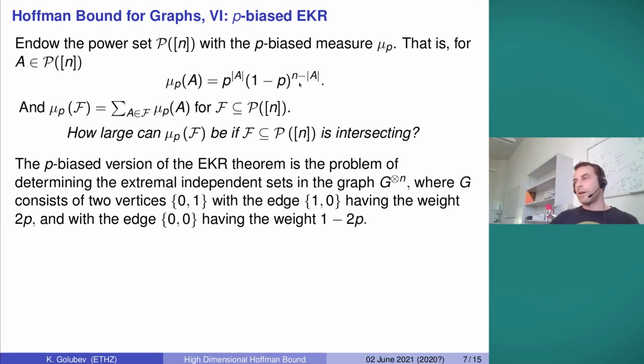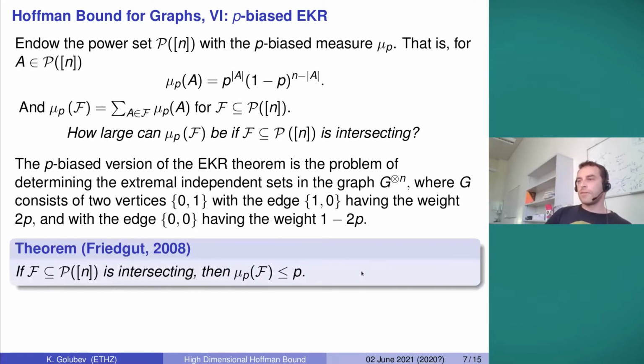In the original graph, you have an edge between 0 and 1 with some weight, and you have a loop from 0 to itself with weight 1 minus 2p. So your two vectors in G to the n would not be connected by an edge if they intersect. No, if they don't intersect. Yes, if they don't intersect, they won't have an edge.